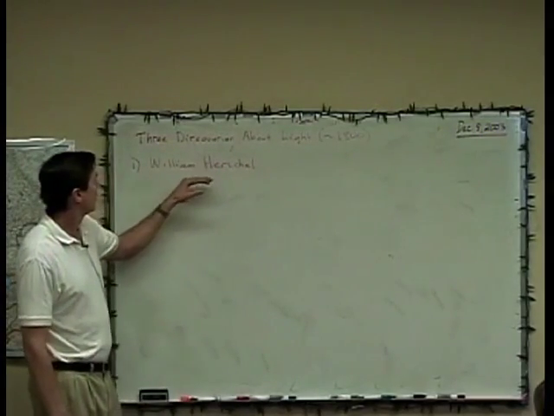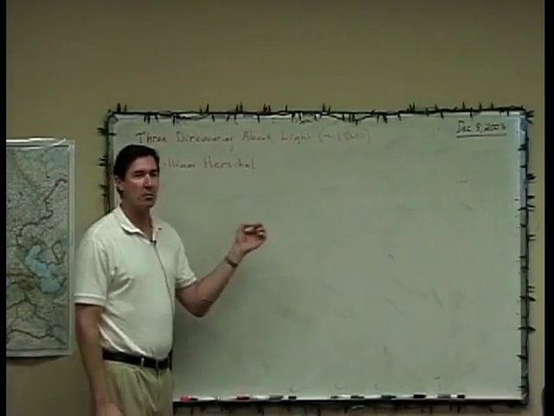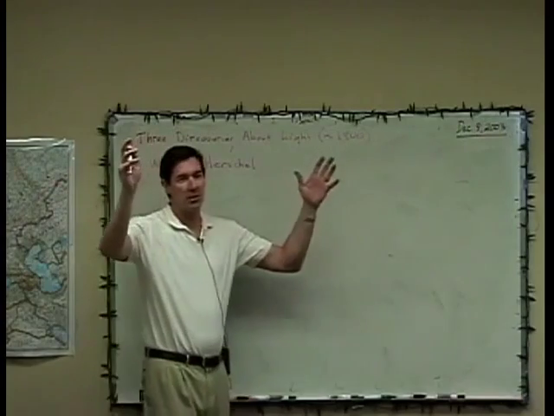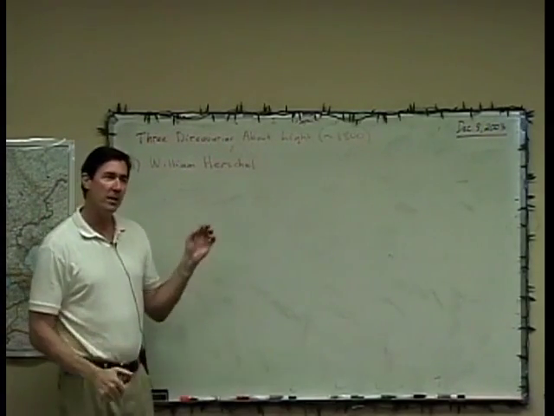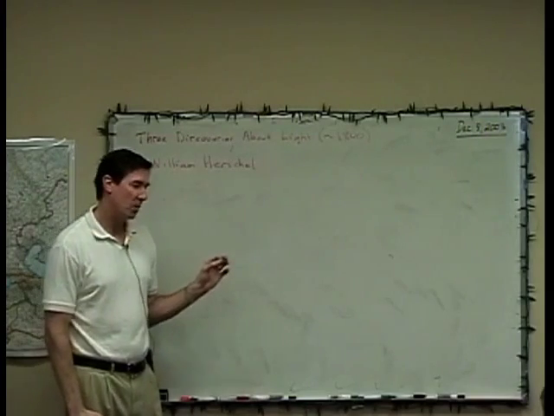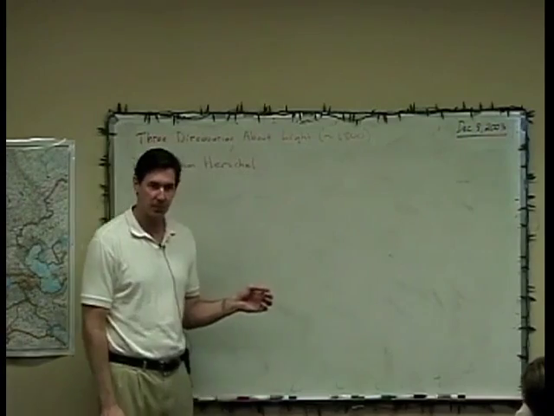Now, Herschel was mainly an astronomer, and he built these huge telescopes that gathered all this enormous light. One of the objects he was interested in studying was the sun.